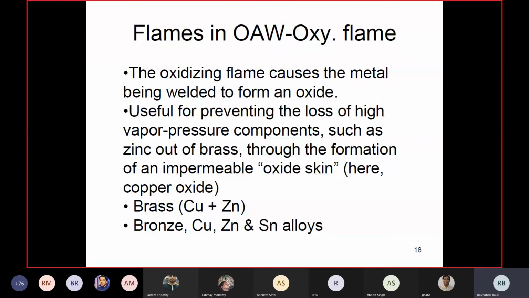That protective layer further protects against the escape of high vapor pressure metal such as zinc out of brass.